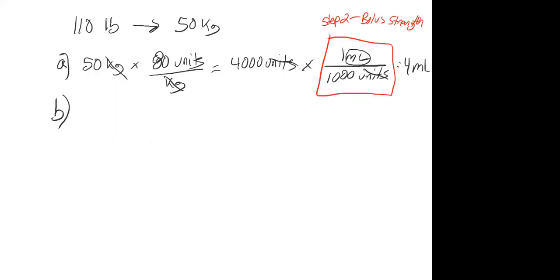We don't want the kilograms, so I'm going to take the patient's weight again and multiply it by that 18 units per kilogram per hour. What that does is it eliminates kilograms, and it'll give us units per hour once I do the math. Once I do the math, I get 900 units per hour.